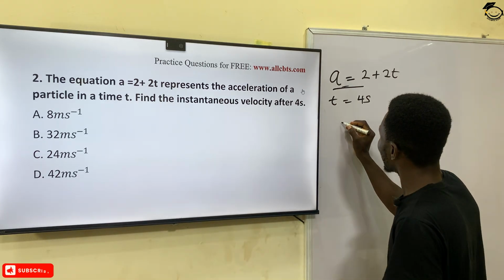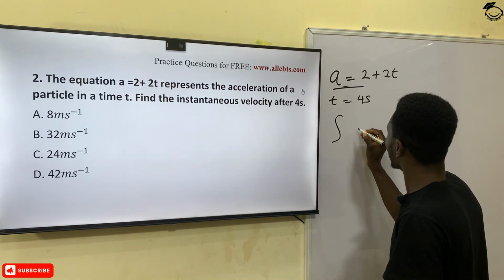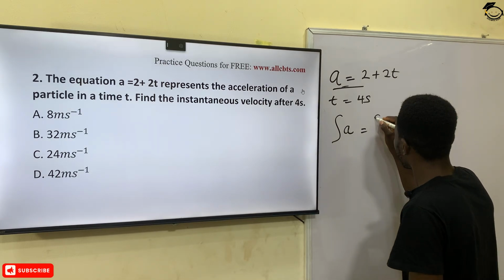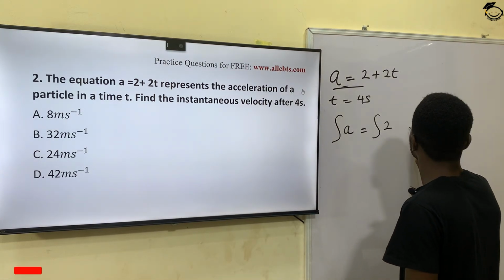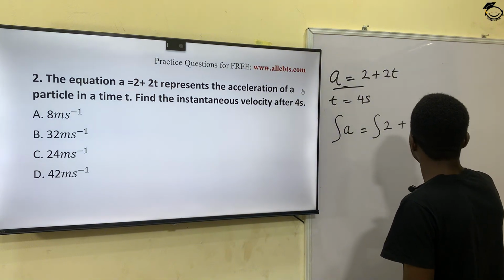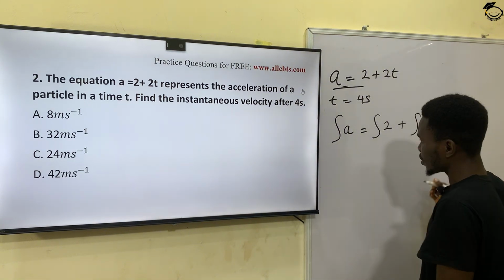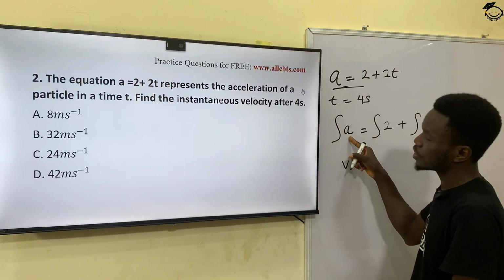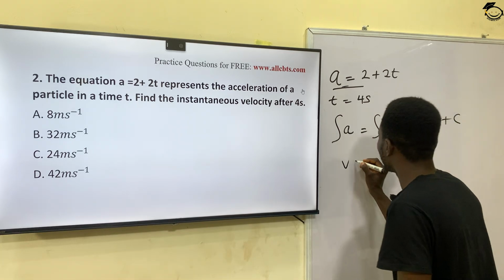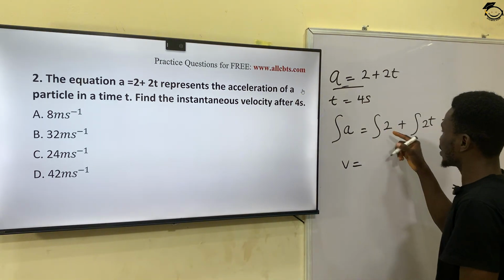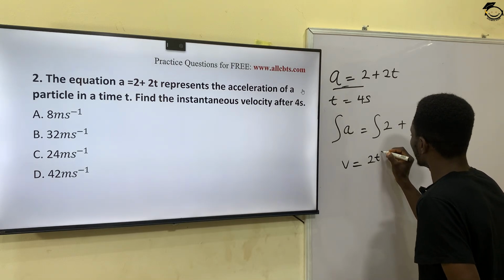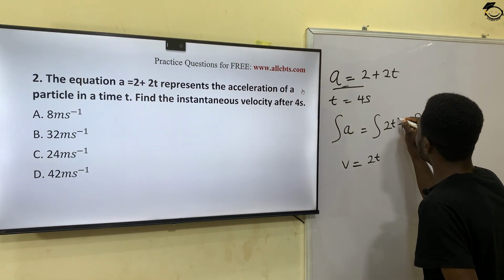So if we integrate our acceleration, the integral of acceleration is supposed to give me the integral of 2 plus the integral of 2t, plus c. So this is the same thing as saying that I have my velocity. Velocity is equal to, if I integrate this, 2t, because there's a t raised to power 0 here.